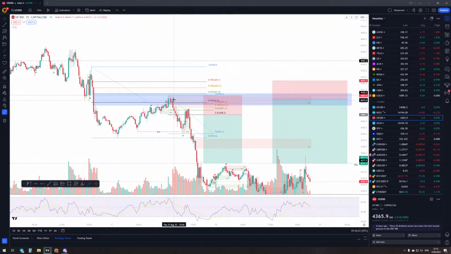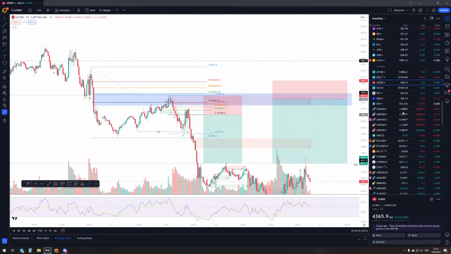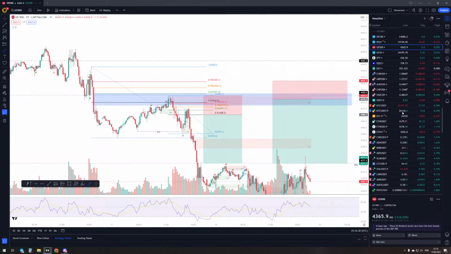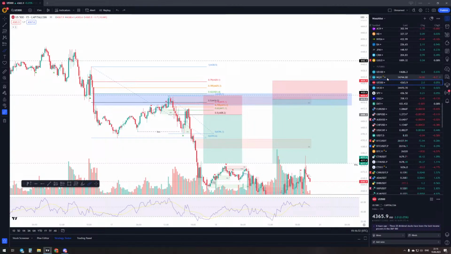So I shouldn't take a position here. I should wait just for a break of market structure. But most of my trades are on crypto. I came to the stock market, especially indexes, a few years ago, and I'm still testing some stuff.